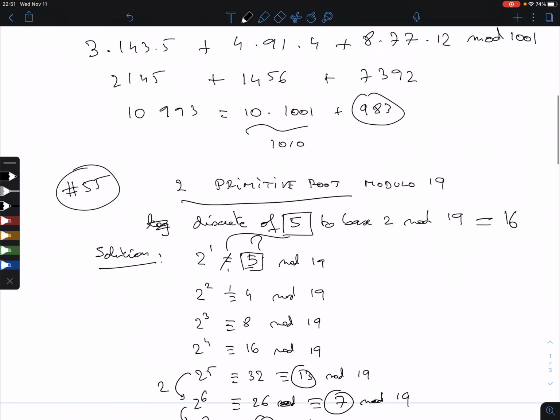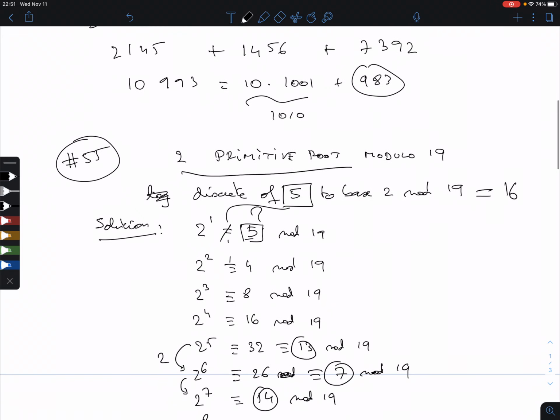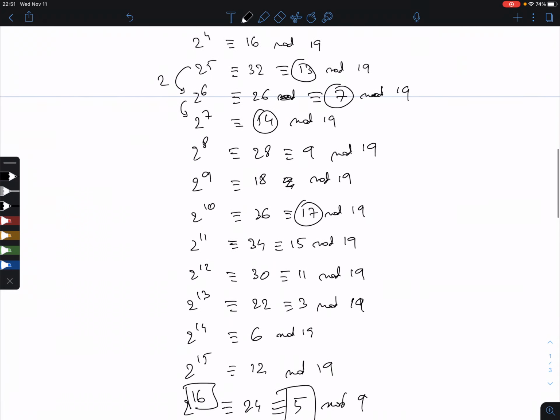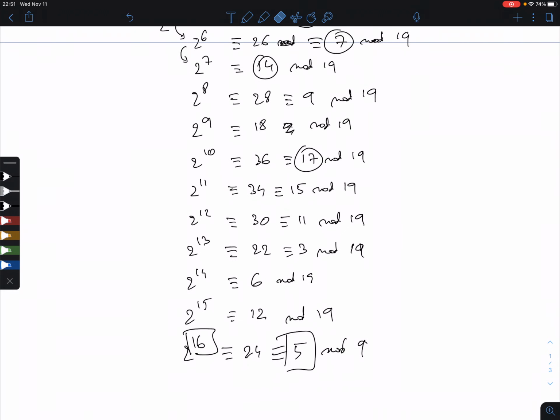Okay, and then I think the question was also the discrete logarithm. The discrete log of 5 to base 2, and the other one is the discrete log of 6. I think that was the other problem. Now we have found 6 here, and so that means it's 14.